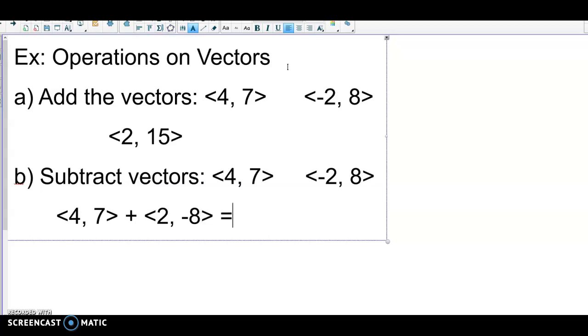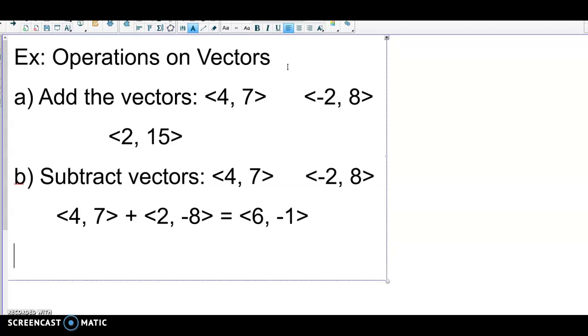Realistically, that's the same thing as subtracting them, so not that big of a deal. So 4 plus 2 gives me 6. 7 plus -8 gets me -1. So there's my subtraction of vectors.